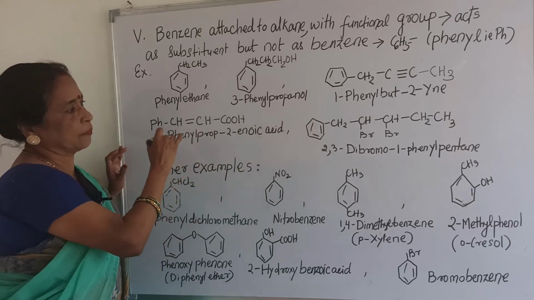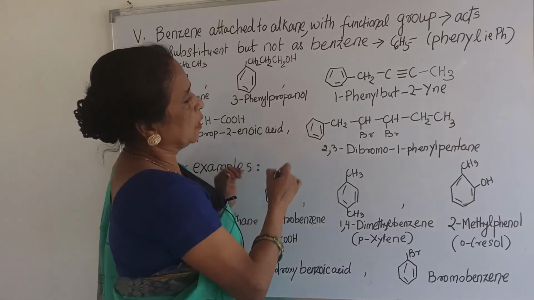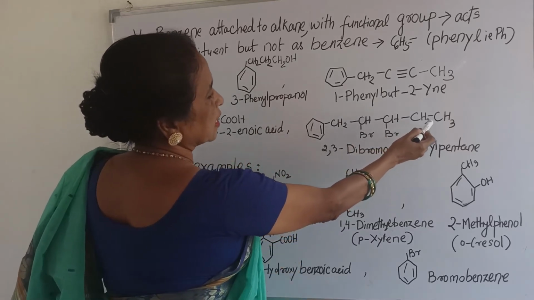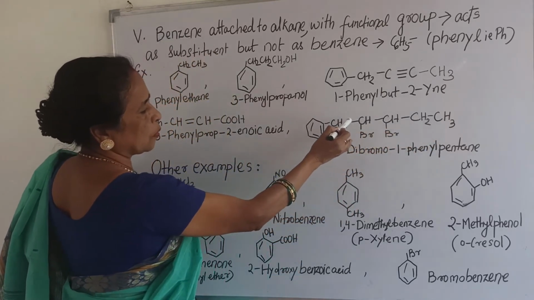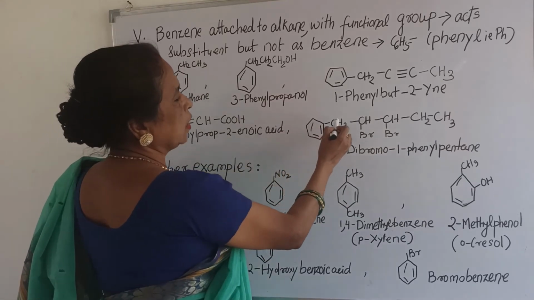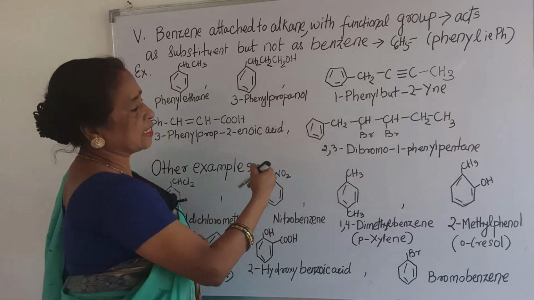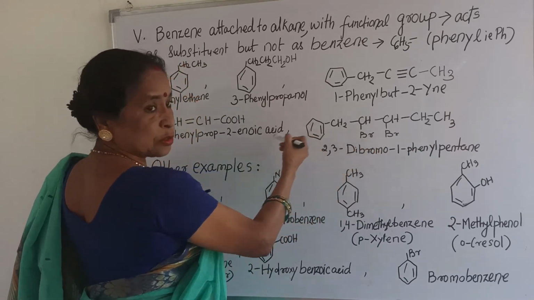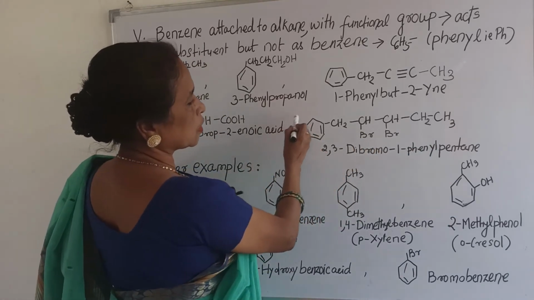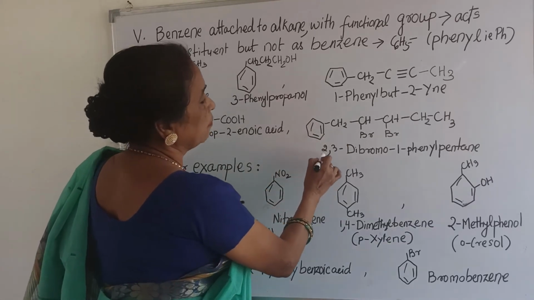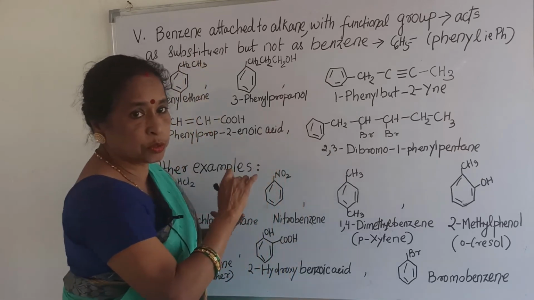Then come to the next example. Here it is a simple one, a bromo compound. Now you can see 1, 2, 3, 4, 5, or you can see 1, 2, 3, 4, 5. That means this side is nearer to the side chain, here the bromine group is nearer to this side chain, and another substituent is also present, that is the phenyl group. That is why we named it 2, 3. Why 2, 3?